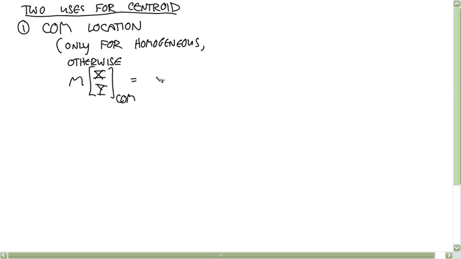COM is equal to the integral over the whole mass of the location of the center of mass of your infinitesimal mass dm. And then that corresponds to, if we break it up into pieces, this is m total.